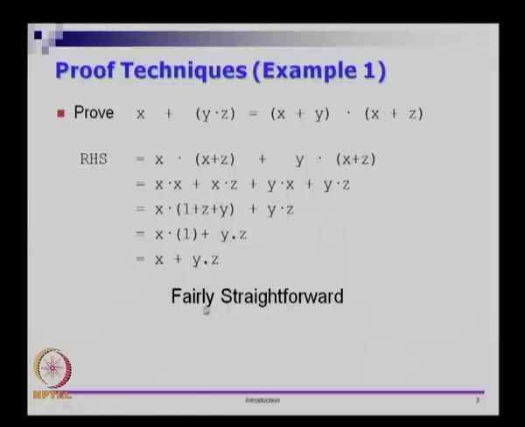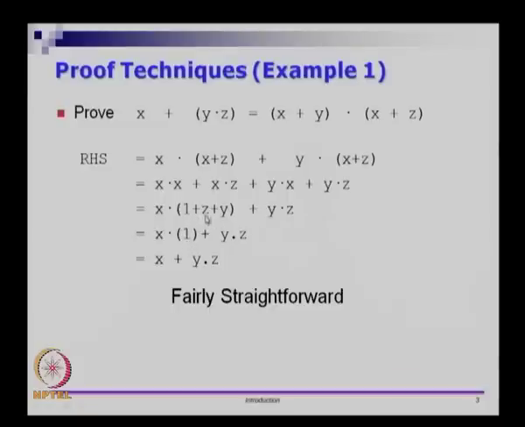So, the key thing that we did was here, this is fairly like what we do with regular algebra. So, if you have sum of 2 variables and sum of 2 variables and so on, expanding up to here is probably straightforward, and taking a common term out for and is probably also straightforward. So, the only thing is we have 1 plus z plus y, which simplifies to 1, because this is Boolean logic.